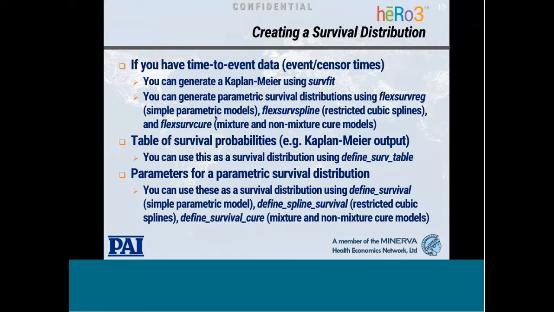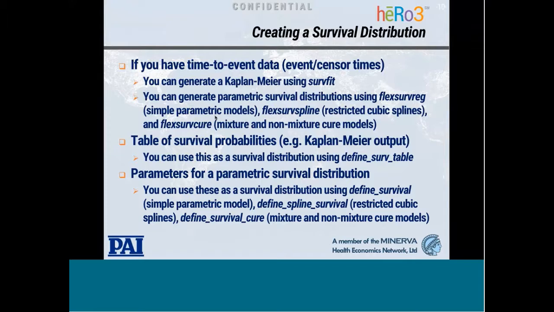Similarly, if you want to generate parametric survival distributions, there are a few different functions available. So first there's the flexsurvreg function, which is for simple parametric models. So that's for doing things like exponential, Weibull, log logistic, log normal models.